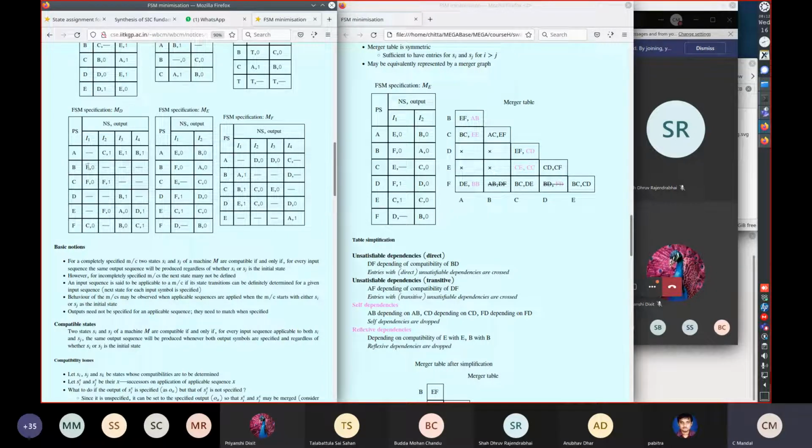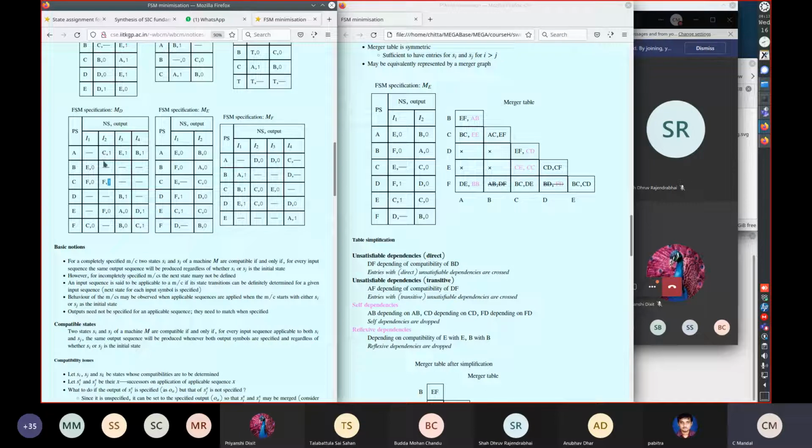Okay. So now you consider A and C. If you consider A and C, here C and F must also be compatible for A and C to be compatible, right? C and F have non-conflicting outputs.